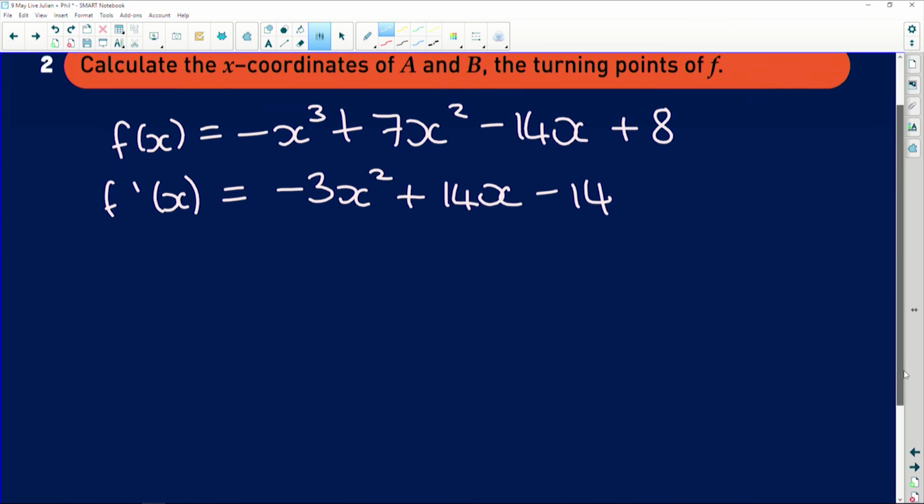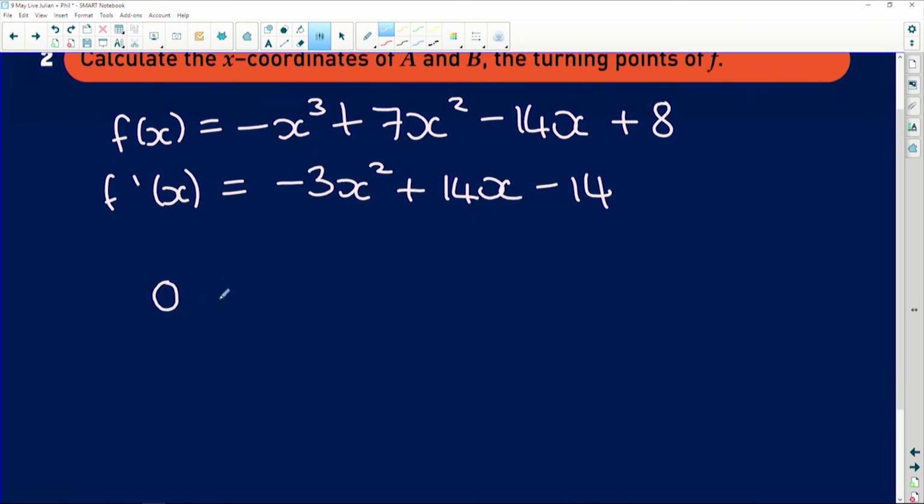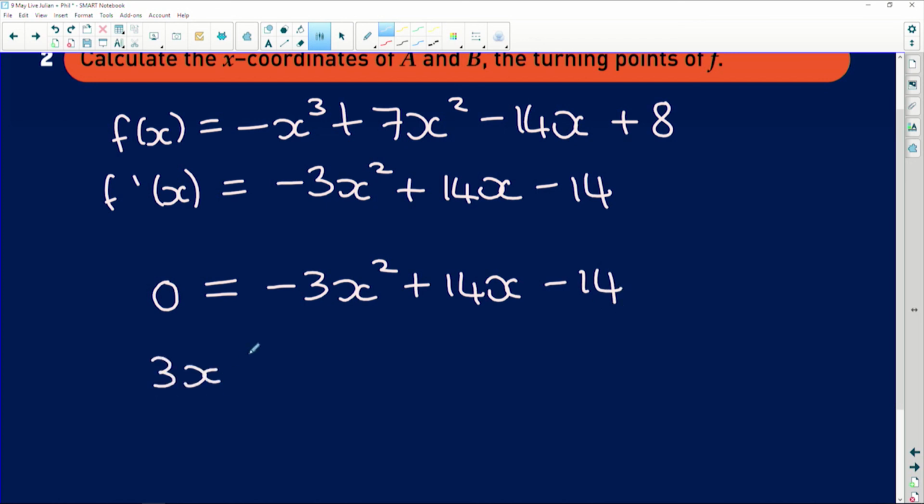Now remember the gradient is equal to 0. So if we make this first derivative equal to 0, we can find the x-coordinates of those turning points. I'm going to multiply by a negative because I don't like that negative leading coefficient. But let me just fix that because I'm talking nonsense.